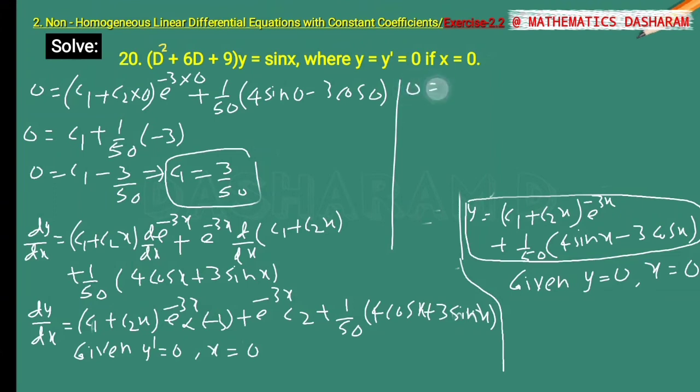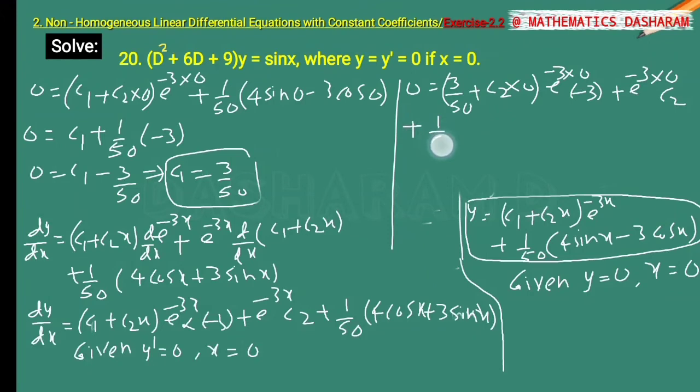So 0 equals c1, c1 value we already found, that is 3 by 50, plus c2 into 0, e to the power of minus 3 into 0 into minus 3, plus e to the power of minus 3 into 0 into c2, plus 1 by 50 bracket of 4 into cos 0 plus 3 into sin 0.